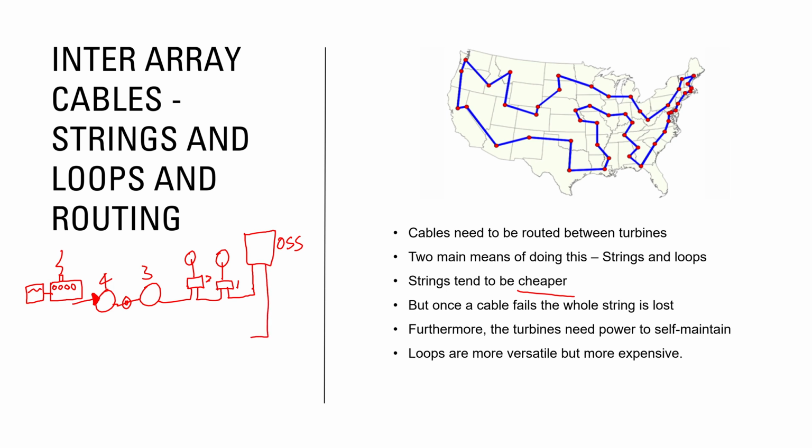But basically, it's pretty self-explanatory. If we have another string with 4 turbines on it, so let's call that string A and string B, what we'll do is link the 2 ends of the strings together, and what that means is that in the best case scenario we can export power back that way.